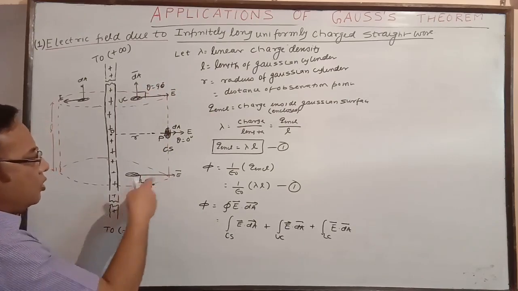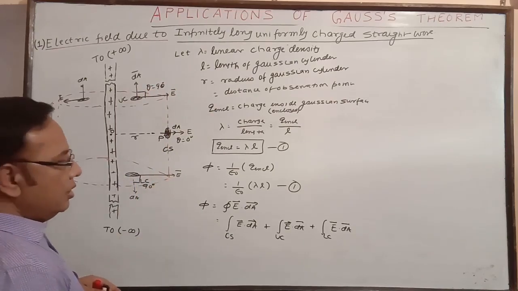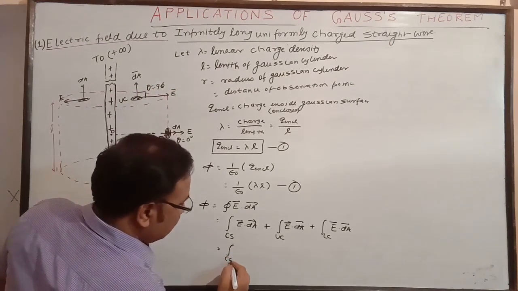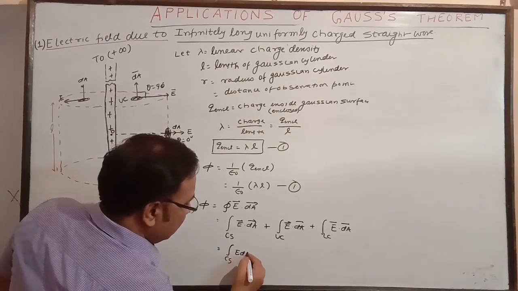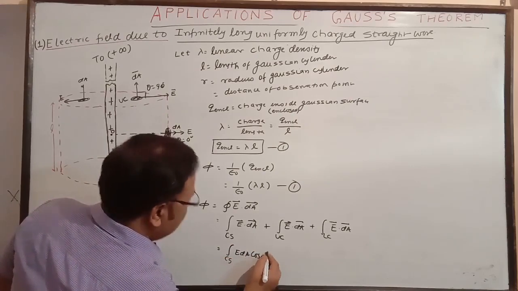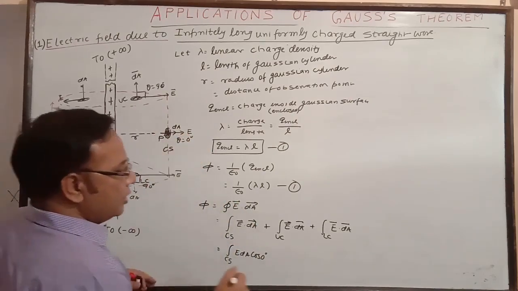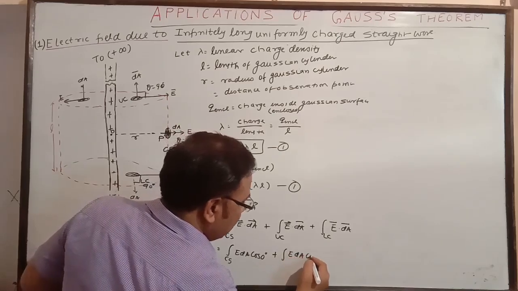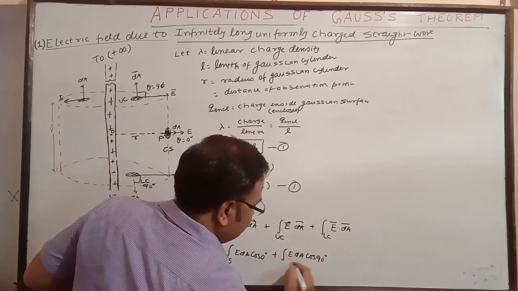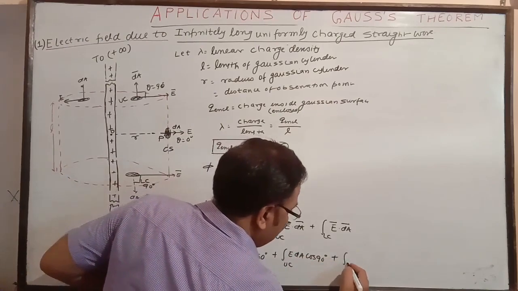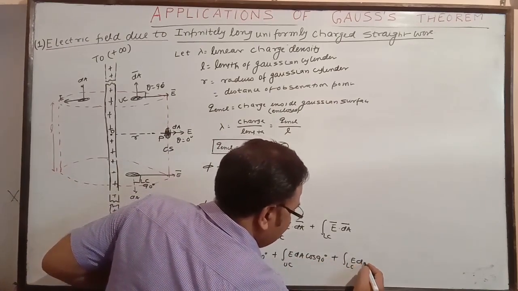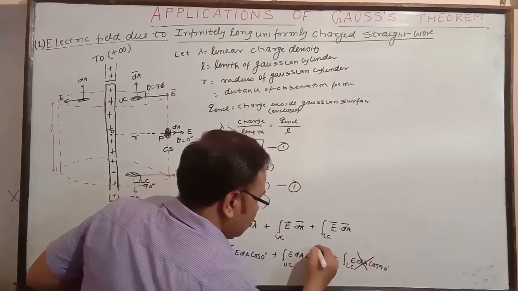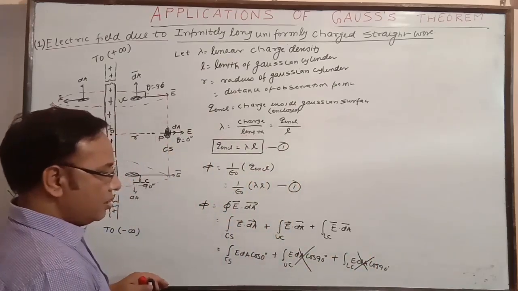Whenever you find a dot product at 90 degrees, cos 90 reduces it to 0. So for the curved surface we get E dA cos 0 degrees, while for the upper cap and lower cap we get E dA cos 90 degrees. Since cos 90 is 0, these two reduce to 0, and you are left with the curved surface.